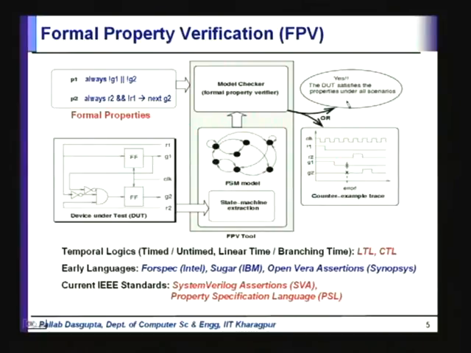Now, see that this is like satisfiability. If you have a satisfiable instance, then that witness is given and you can verify easily that that is a satisfying witness. So, given a counter example trace, you can easily see that the design has a bug.